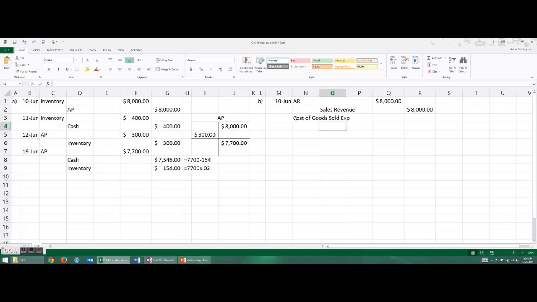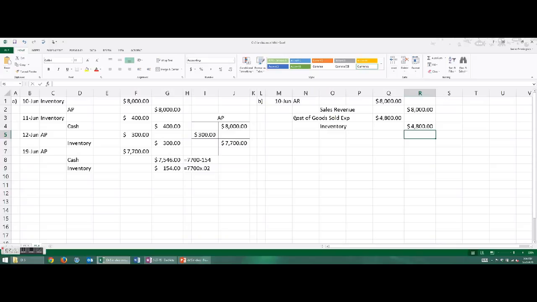And what did they sell? They sold inventory. The instructions actually gave us the relevant cost. So that cost the company $4,800. Now, with those two entries, we've taken care of the sale on June 10th for Epps Company.